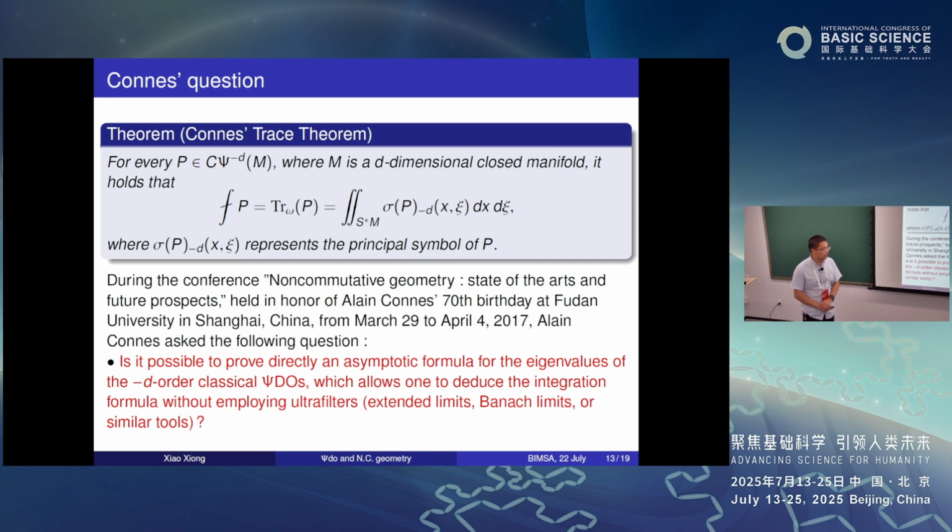we hope to calculate the Dixmier trace, and the result turns out to be the integral of the highest order, or you can say the principal symbol, of the pseudo-differential operator.